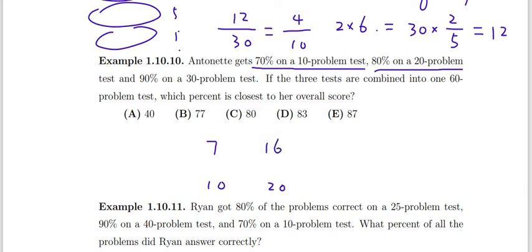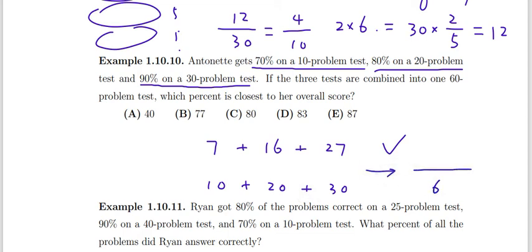And for the third we have 30 problems, 90% correct. So here, totally how many questions correct? 27, right? So we can put those correct answers together to find the total correct and the total questions.